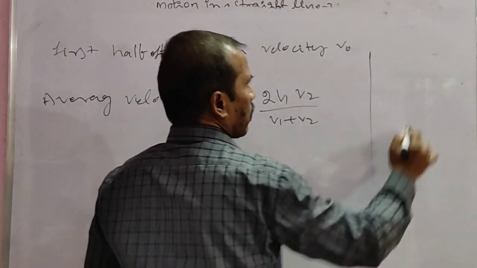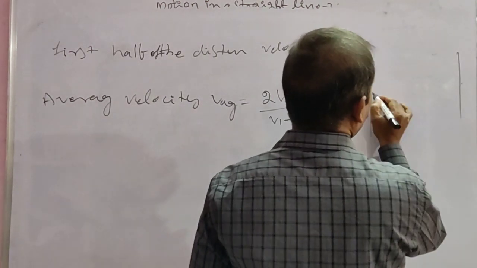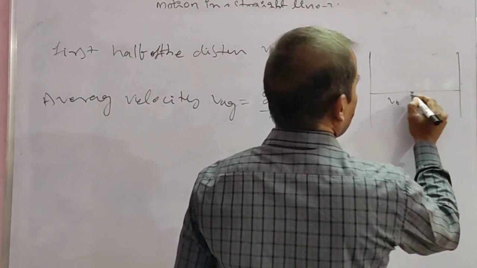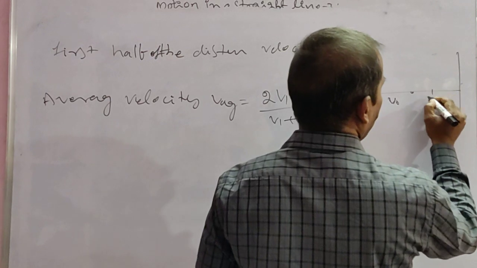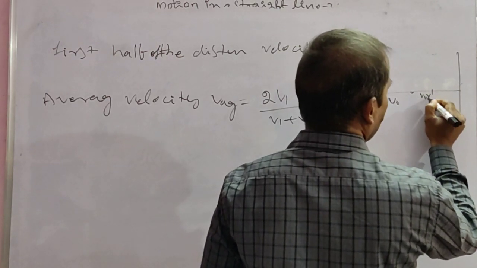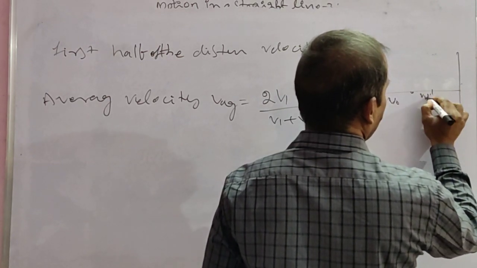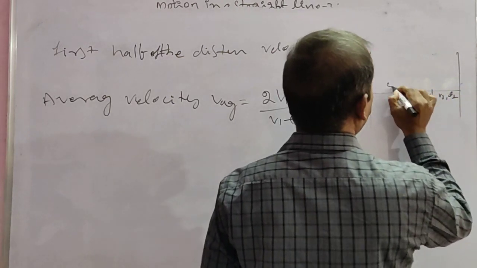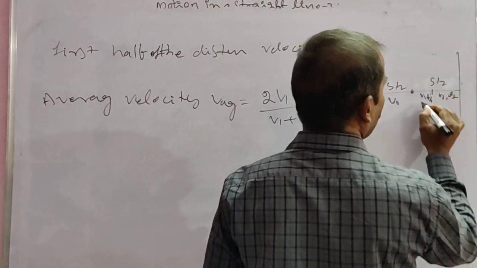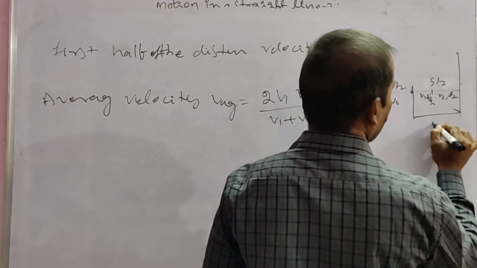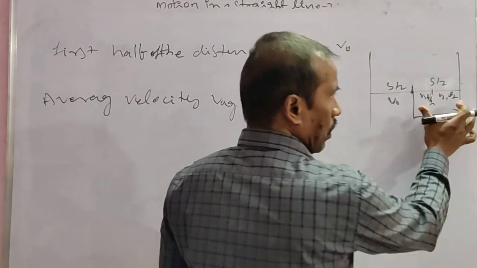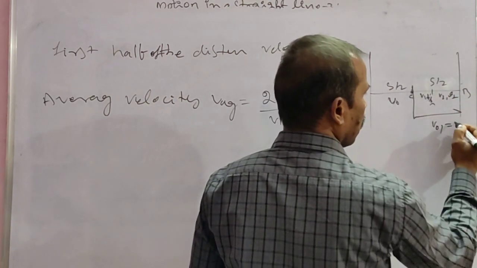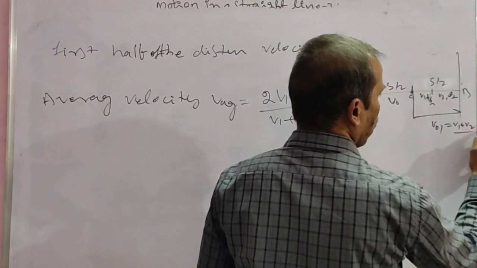Here, this is V naught, and in between are V1 for T by 2 and V2 for T by 2, with S by 2 for each half. This term is V naught prime. The average speed between C and B is V1 plus V2 by 2.